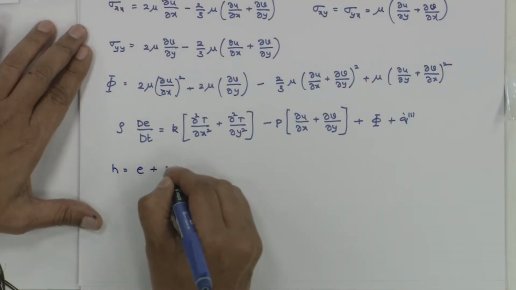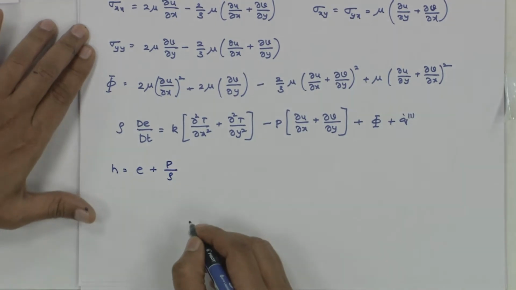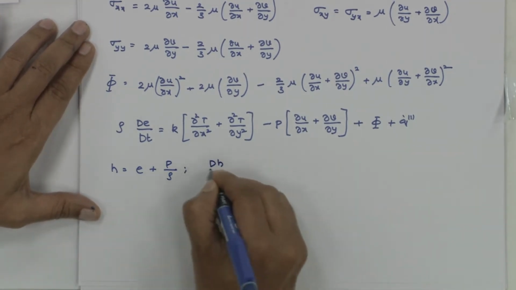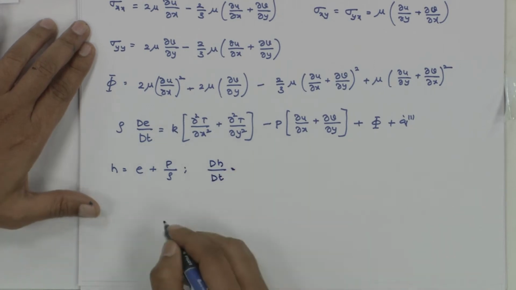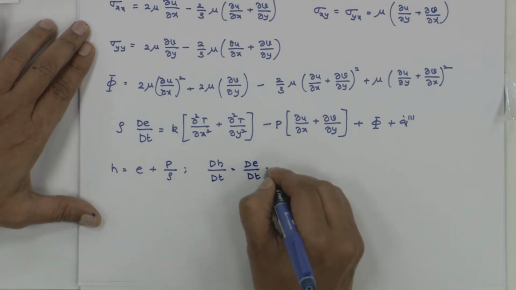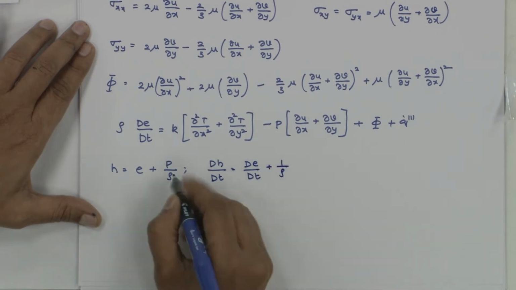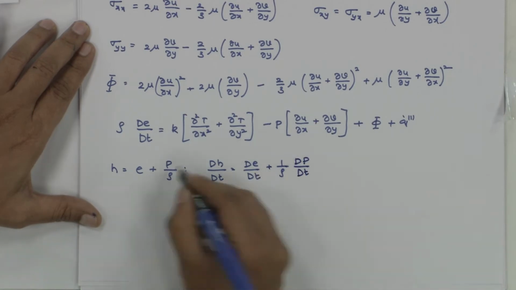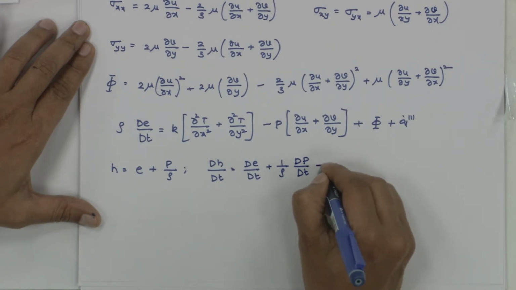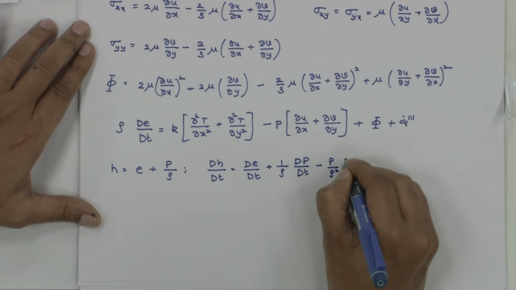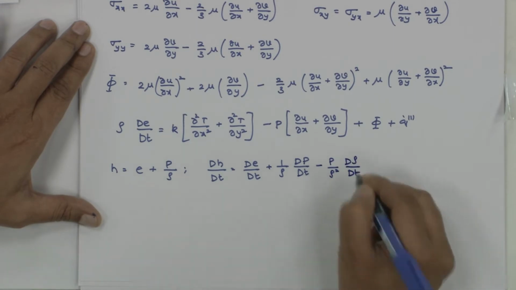We know that enthalpy H is equal to internal energy plus P by rho, correct. If I take the total derivative of this, I get dE by dt plus 1 by rho dP by dt, taking 1 by rho constant and differentiating with respect to pressure, then keeping pressure constant, minus P by rho squared d rho by dt, since differentiating 1 by rho gives minus 1 by rho squared d rho by dt.